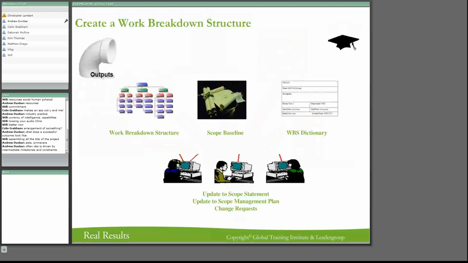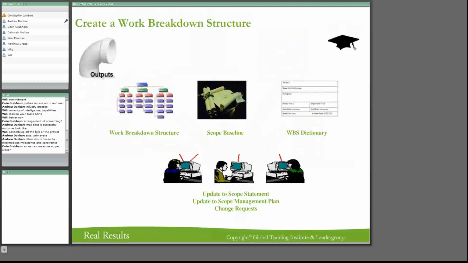Now, why do we have a scope baseline? I've got a question here. What's the baseline for? What do we use the baseline for? I like that, Colin. The baseline is there so we've got something to start measuring against. If we define the baseline up front, we can start measuring a deviation.